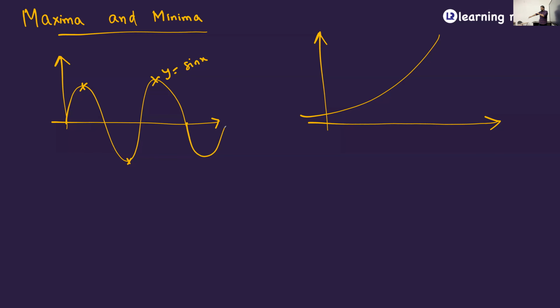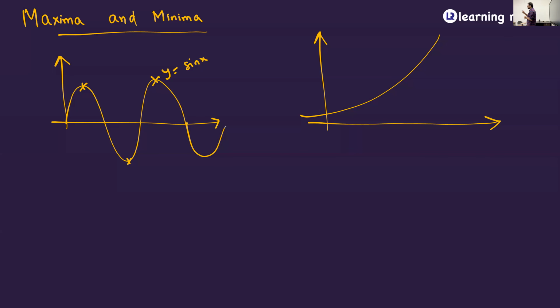Now our job is to find the points at which these maxima or minima occur. It is very simple. It is almost similar to the previous exercise, except that in the previous exercise, when someone asks you about increasing or decreasing functions, you find the interval in which the function is increasing or decreasing.